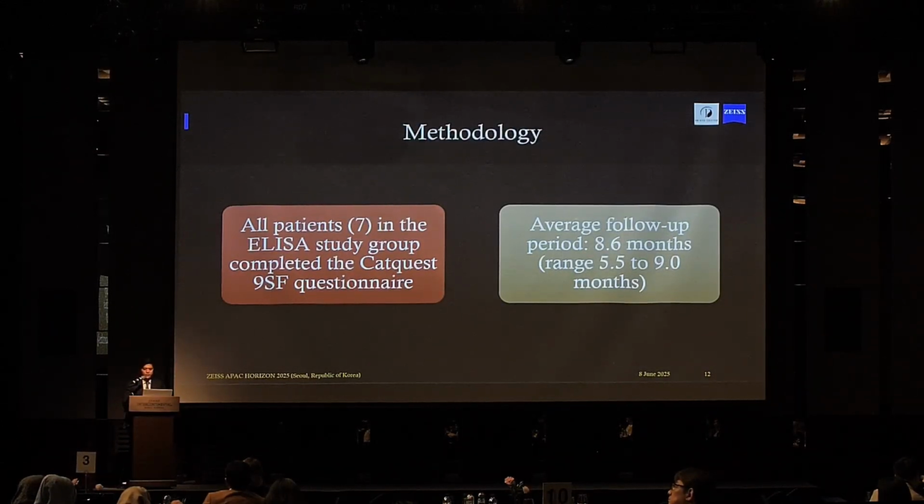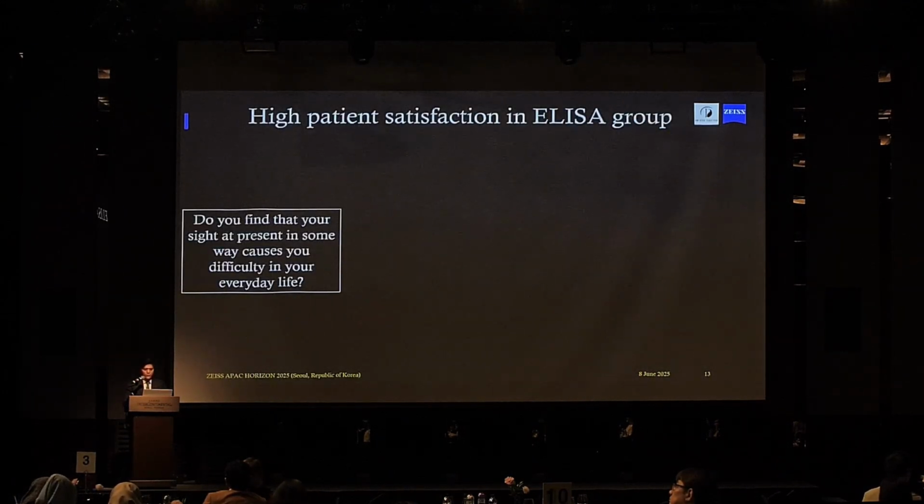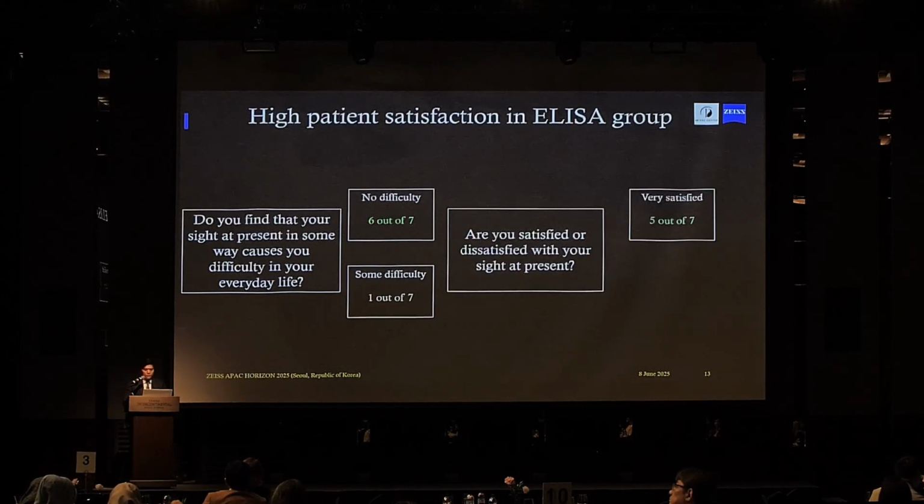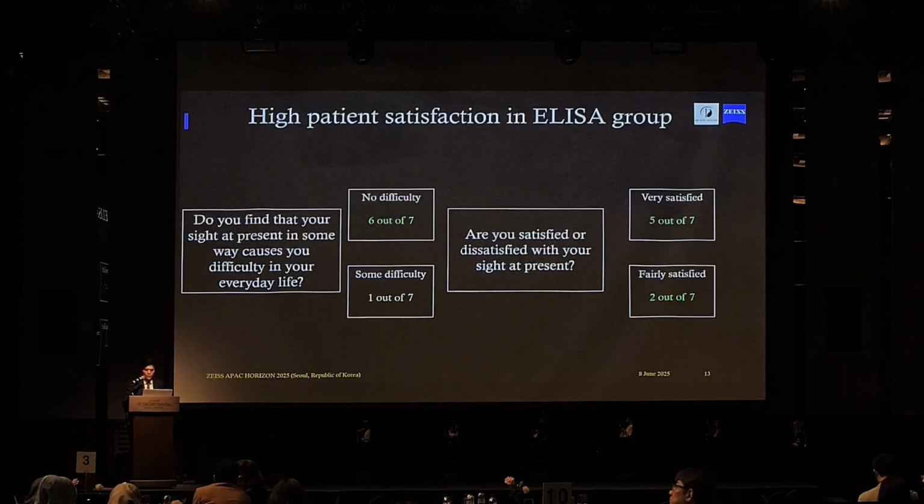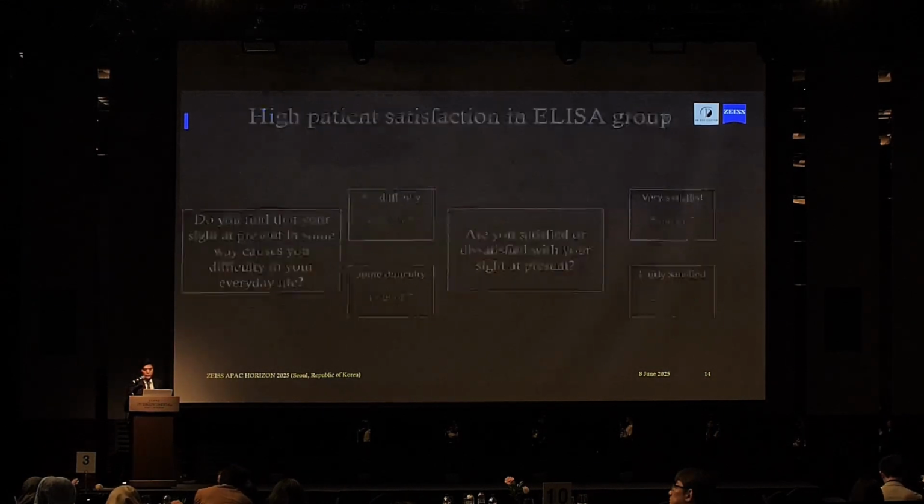All 7 patients completed the questionnaire with an average follow-up of 9.6 months. 6 out of 7 patients faced no difficulty in their daily life, with only 1 patient mentioning some difficulty. I remember it's a daylight glare. So all patients were fairly satisfied with their vision.